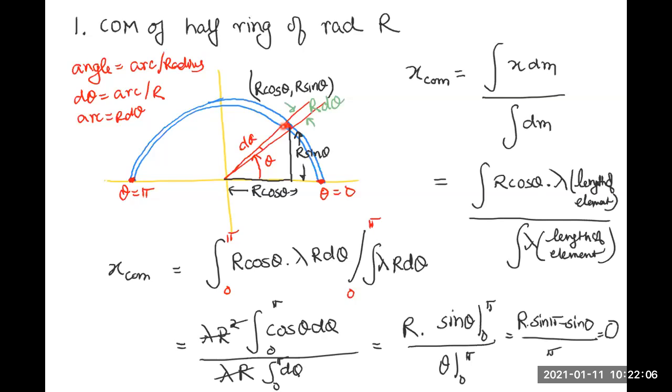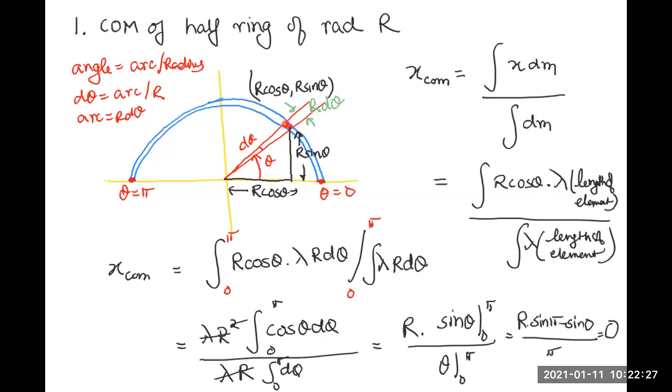if there is an element here having some positive x coordinate, there is bound to be an element here with exactly that same negative x coordinate. Right? So m1 x1 plus m2 x2 will always be 0.